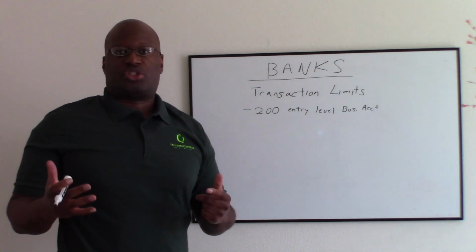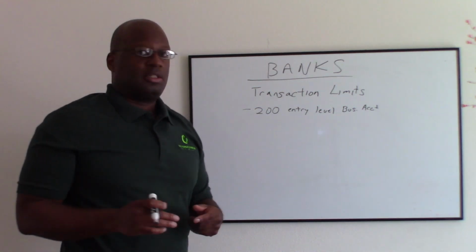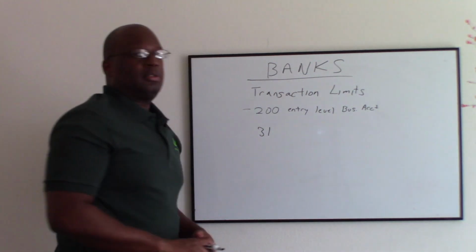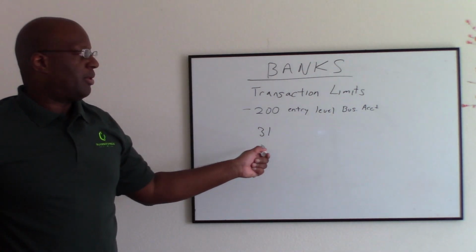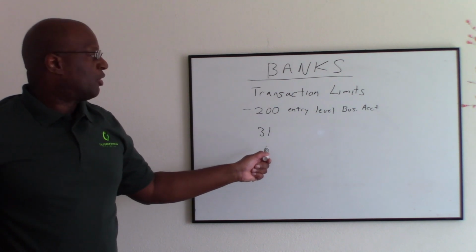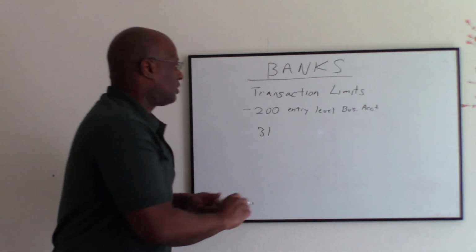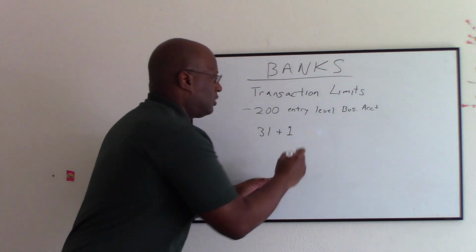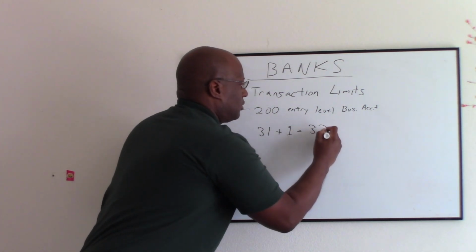So the most you would see are, let's say, 31, because the months with the most days are 31, plus 1. Okay, so that's going to be 32.